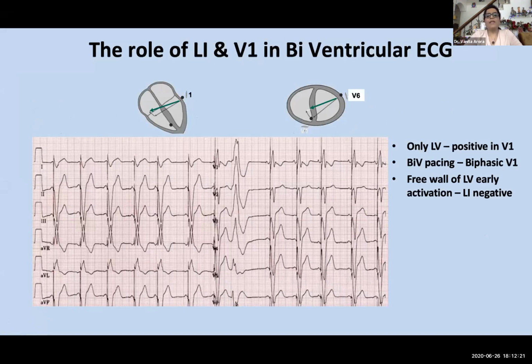In case we find lead V1 is all positive, then it is LV pacing. In case it is biphasic, then it is true bi-V pacing. But lead 1 altogether has to be negative, because the free wall of the LV has to get activated the earliest.